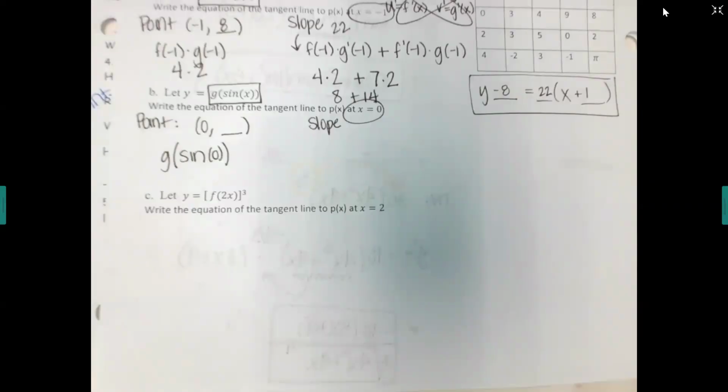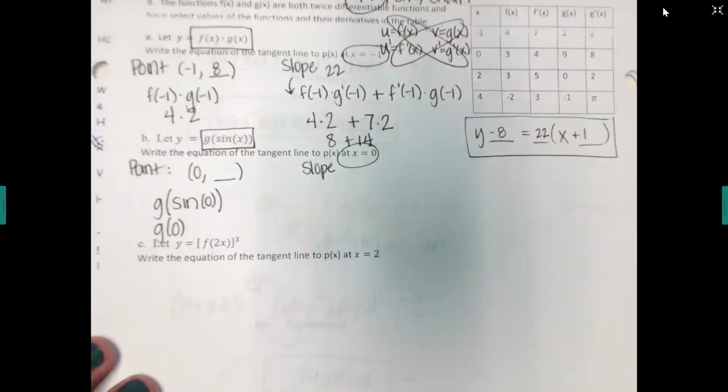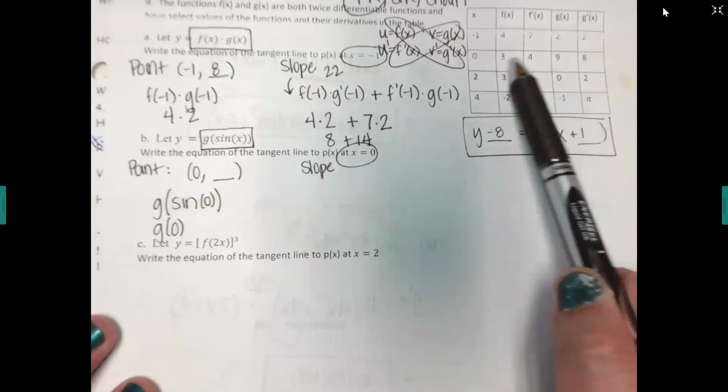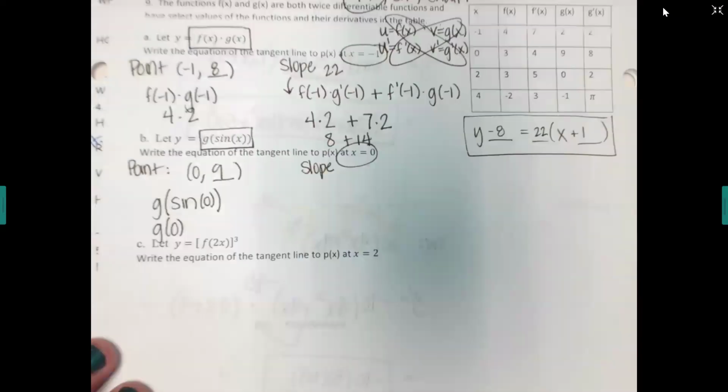So it'd be 0 again. Then I want g of 0, and that's where my chart comes in. What is the value of g when x is 0? 9. So you have your ordered pair, 0, 9.